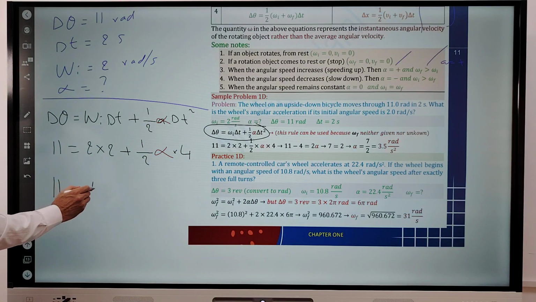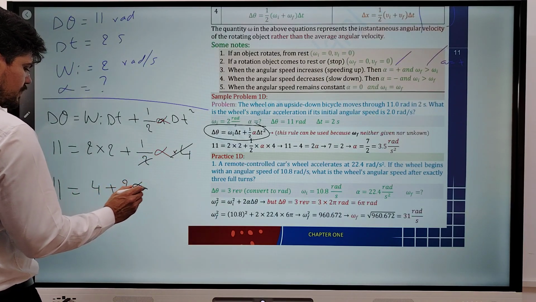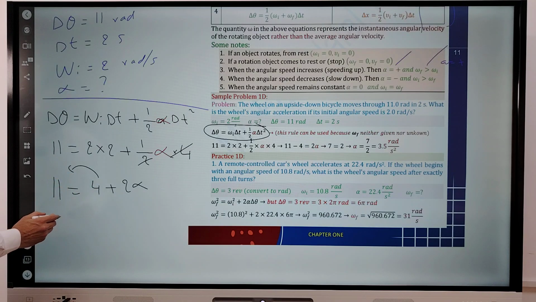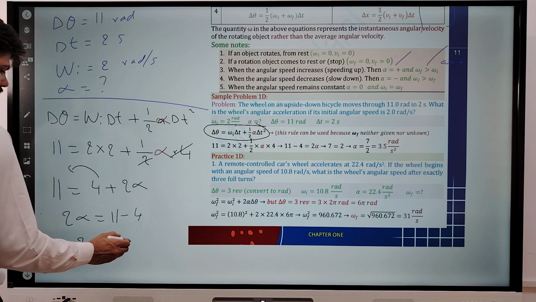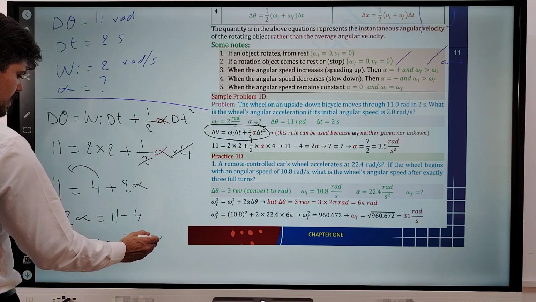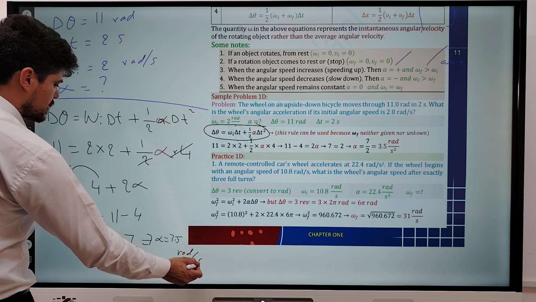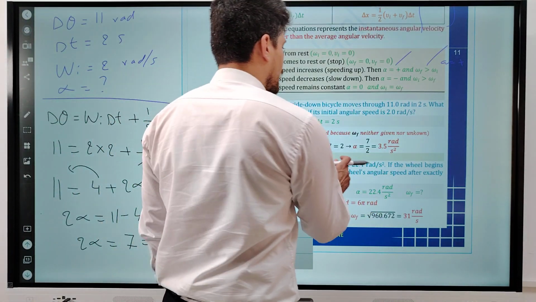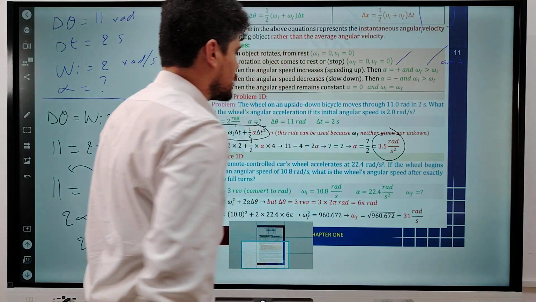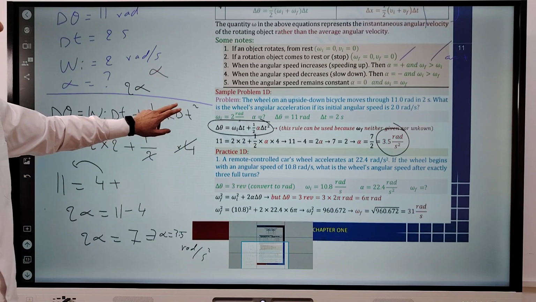So 11 is equal to 4 plus, this cancels, 2 alpha remaining. Take the 4 to the other side, it becomes negative. 2 alpha is equal to 11 minus 4, so 2 alpha is equal to 7. Alpha is equal to 3.5 rad per second squared. This is sample problem 1D.